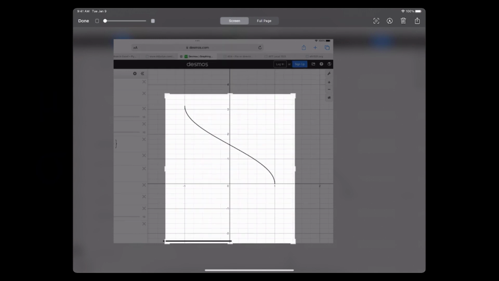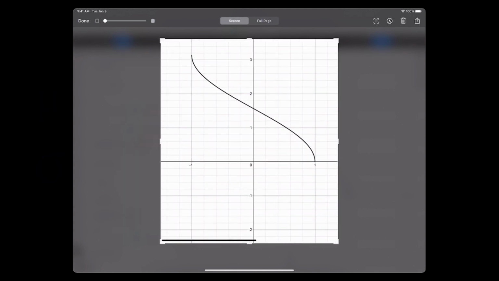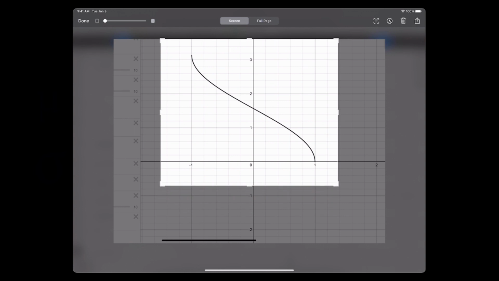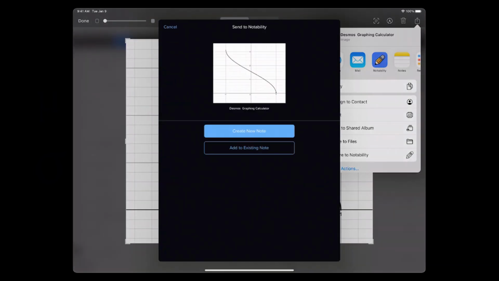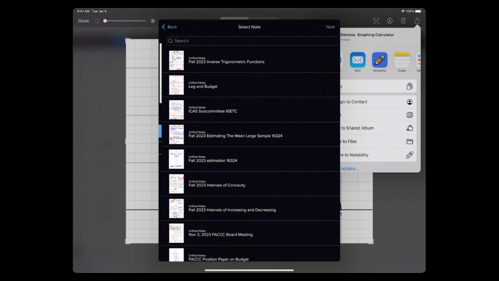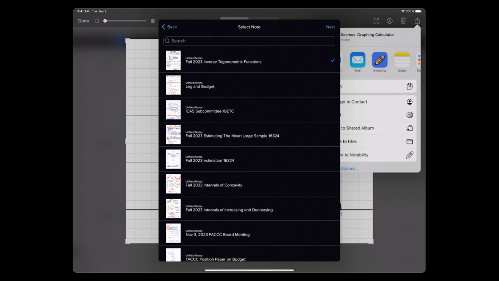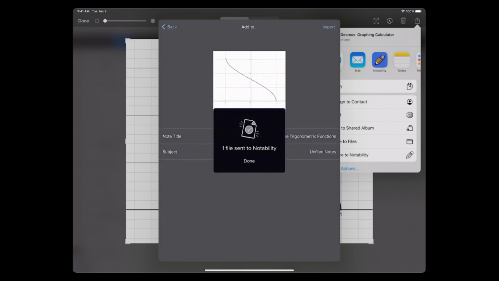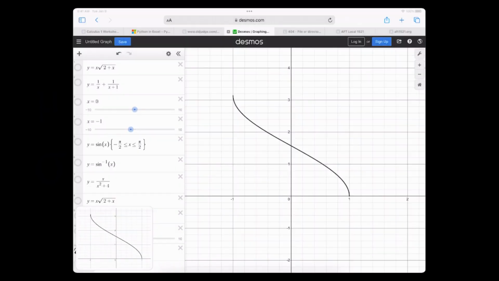It's going to be inverse cosine. Import this, done. This is your inverse cosine curve.